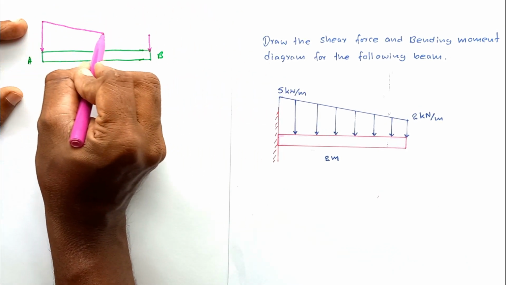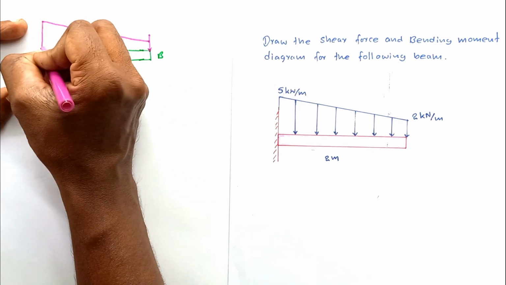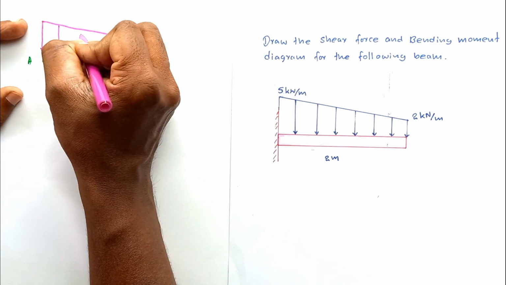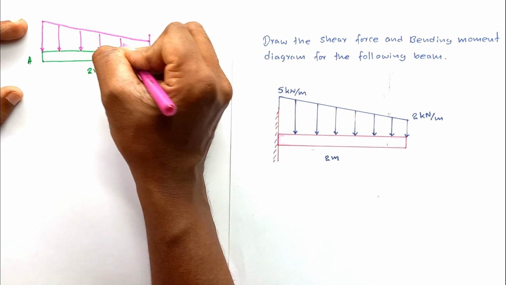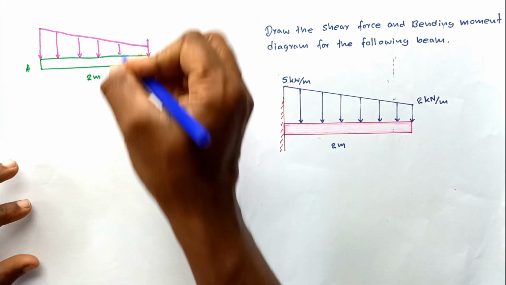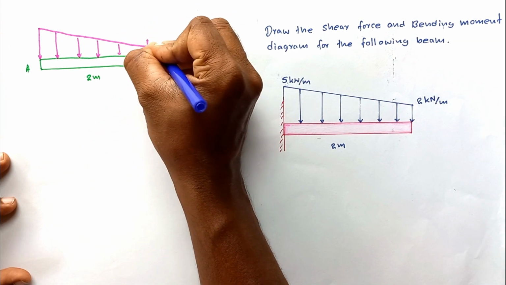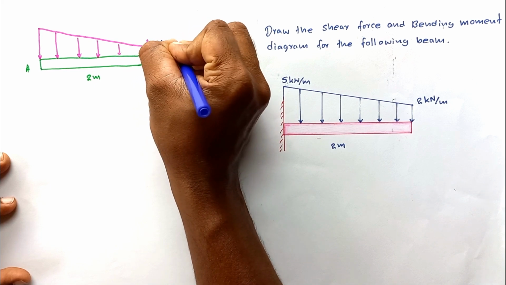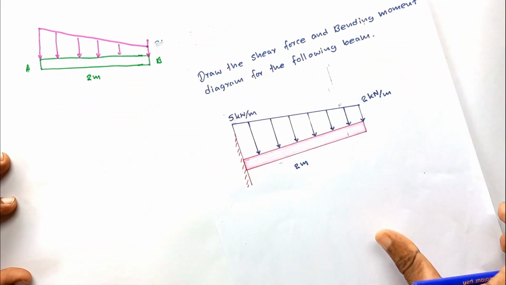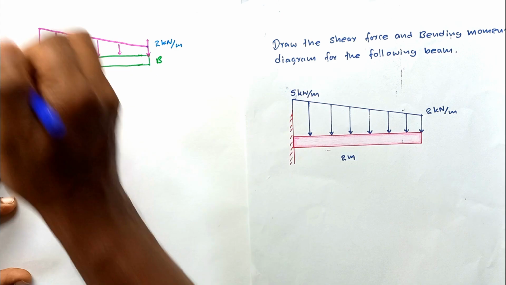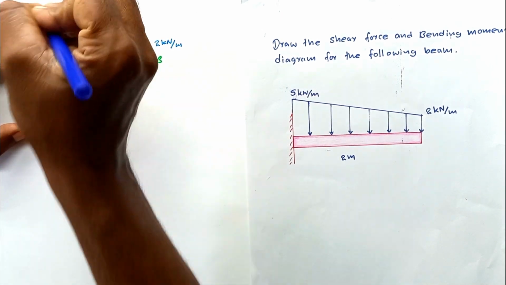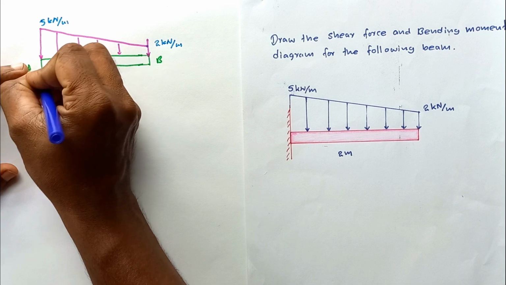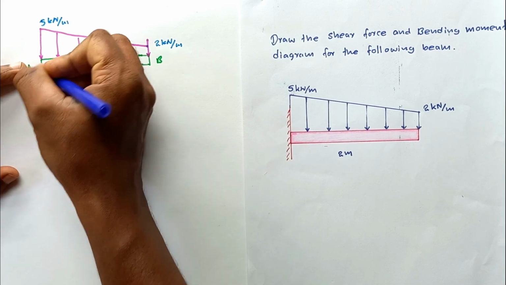This is how the distributed load is varying. Here at this end, 2 kilonewton per meter, and at this end, 5 kilonewton per meter. Then at this end, the fixed support is acting.